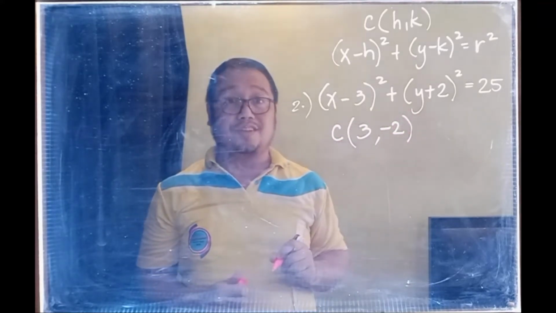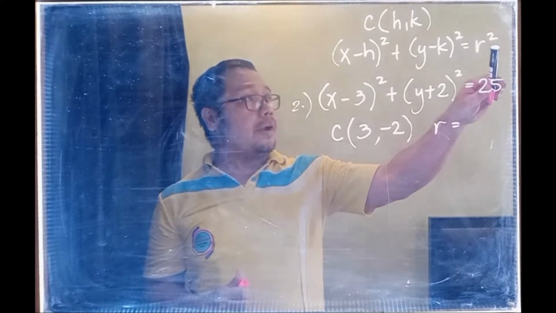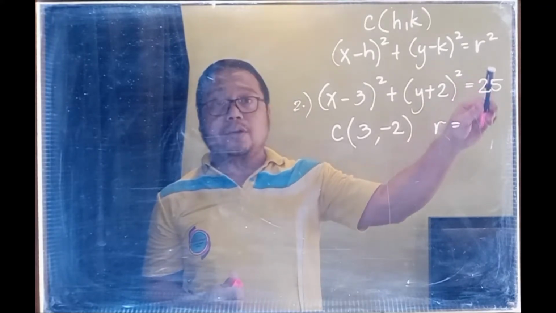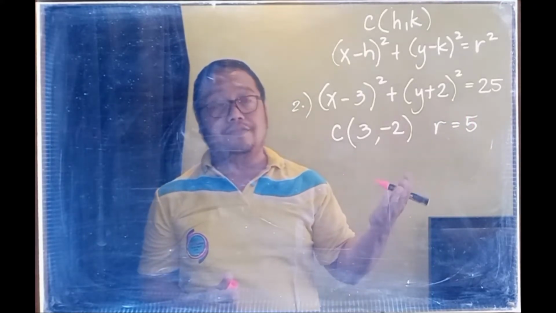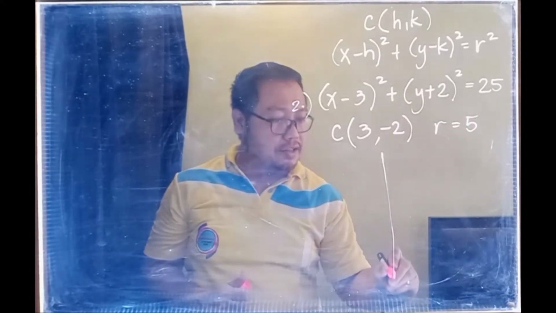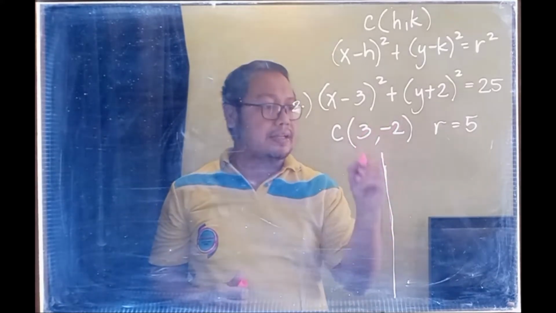That is your center. Since r squared equals 25, therefore the radius is 5.